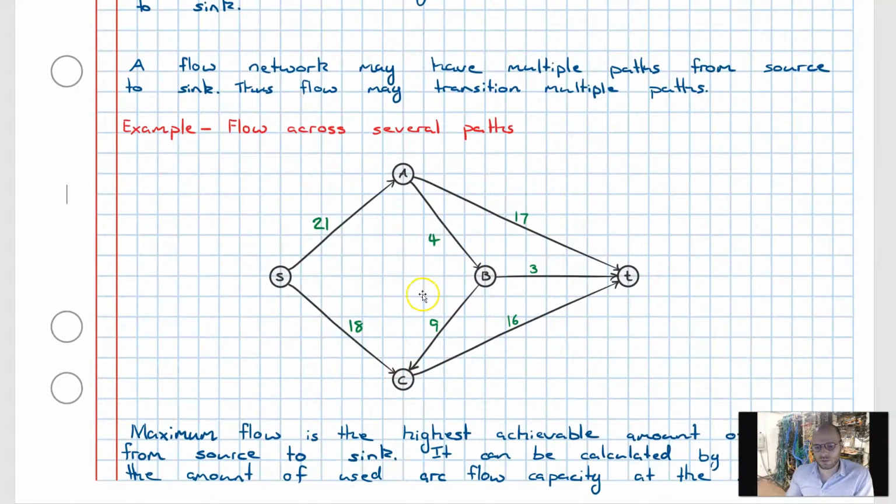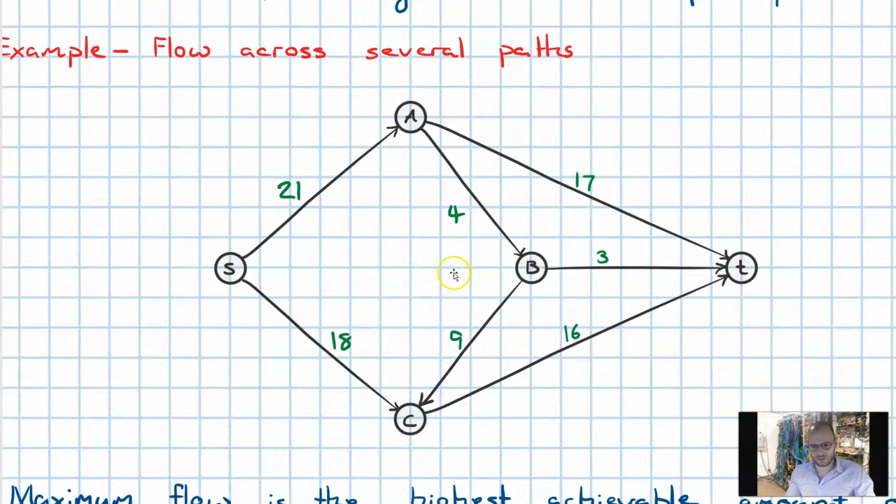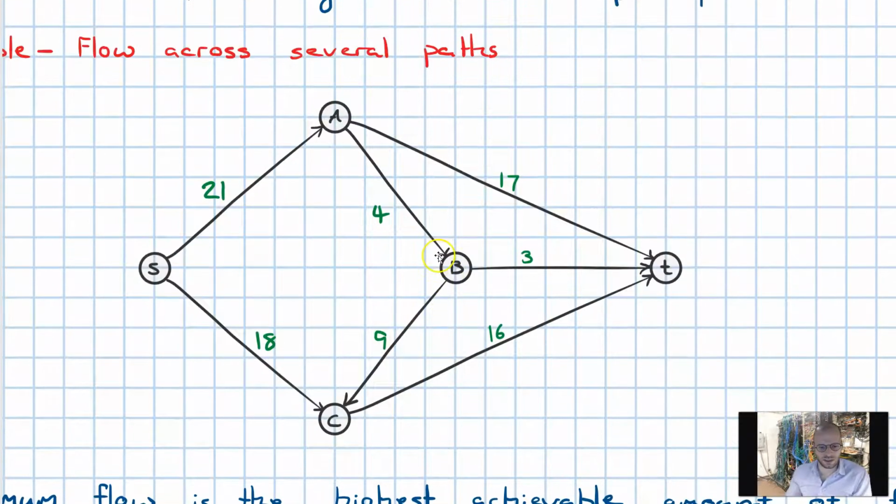But let's have a look how much we can get here. Zooming in, to determine the amount of flow I can get from here to here, I'm going to use a bit of a brute force strategy in that I'm just going to examine as many paths as I can come up with until hopefully I can get as much flow out of this network as possible.